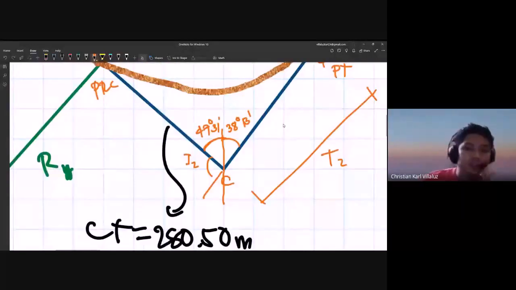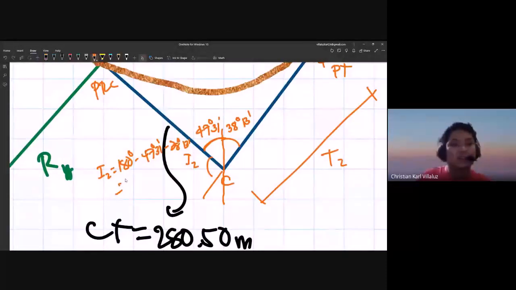Now, we add the three angles, equivalent sa 180 degrees. So, for I2, 180 degrees minus 47 degrees 31 minutes minus 38 degrees 13 minutes. So, the angle here is 94 degrees 16 minutes.